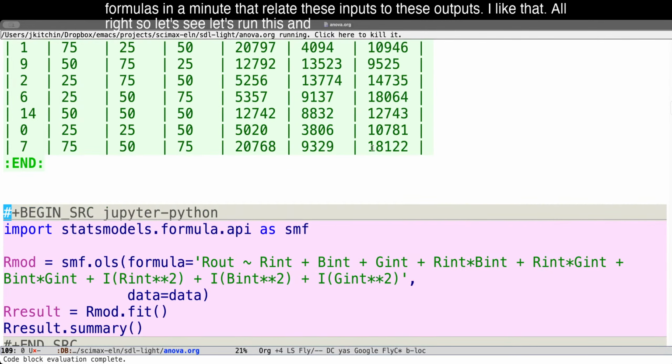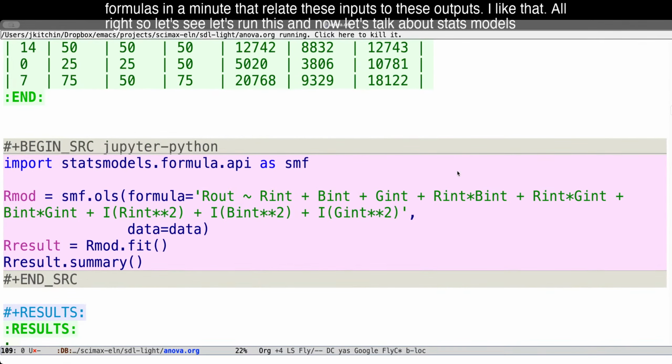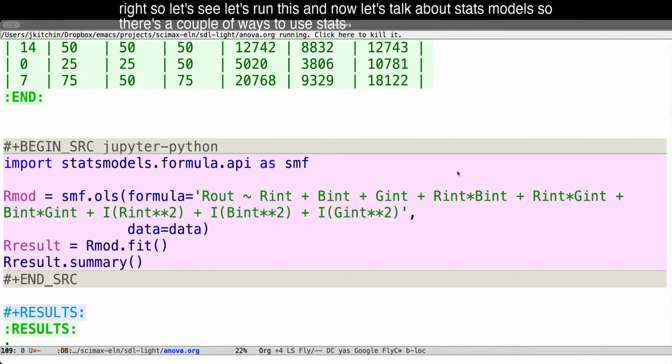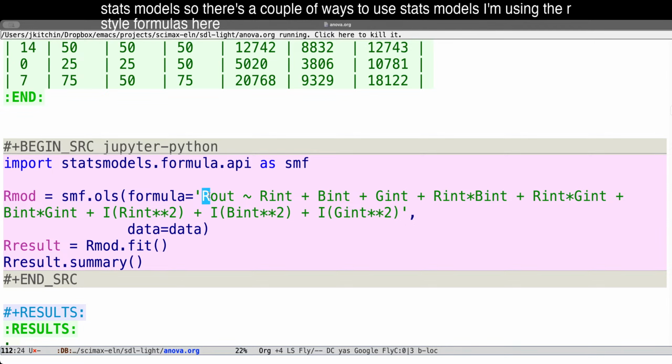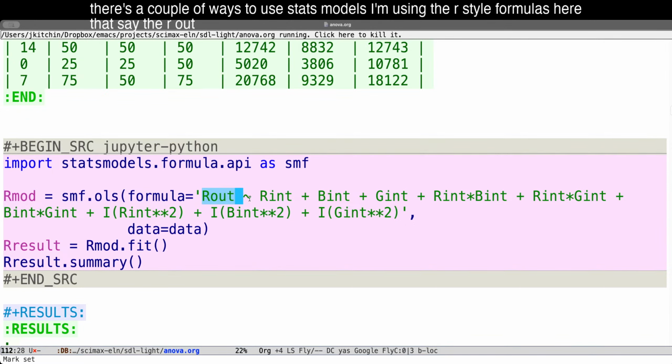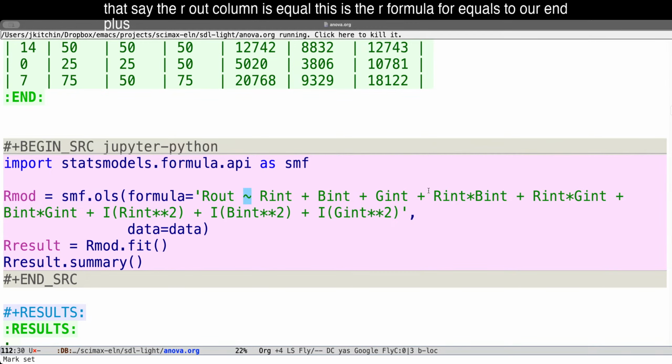All right, so let's run this. And now let's talk about statsmodels. There's a couple of ways to use statsmodels. I'm using the R-style formulas here that say the R out column is equal to R int plus B int plus G int plus these interaction terms, and then we have these quadratic terms.